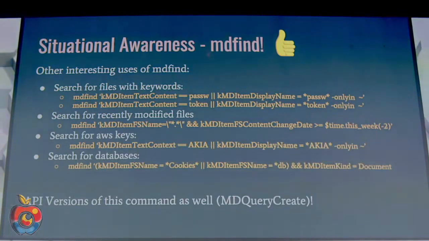You can also look for recently created or modified files. You can search for AWS keys by looking for that AKIA identifier. Lots of different uses of mdfind. I also have API versions of these on my Spotlight enumeration kit site. If you don't want to run the mdfind command, you can run the mdquery version that's using API calls.